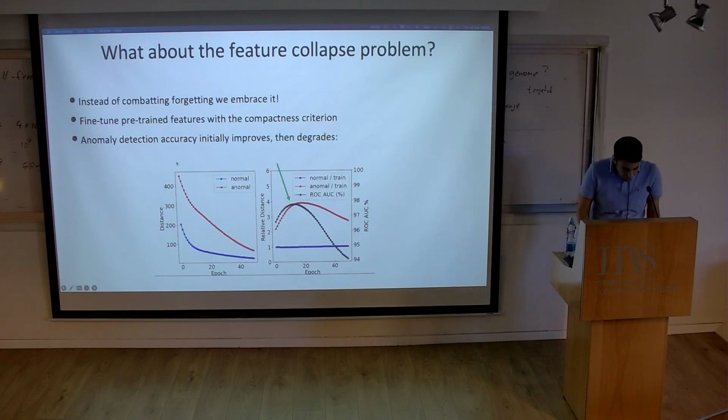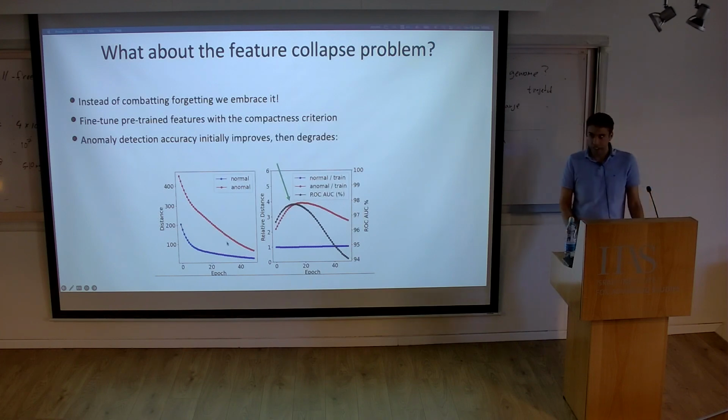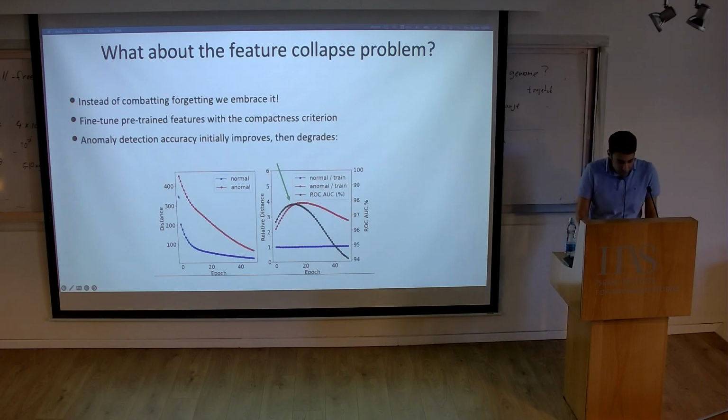And so if we take a look at what actually happens during training, let's take a look at the graph on the left-hand side. We can see the average distance to the center of an average normal point and an average anomalous point. And we can see, first of all, that the representation is initially quite good, because the average distance to the center of a normal point is significantly smaller than the distance to the center of an anomalous point.